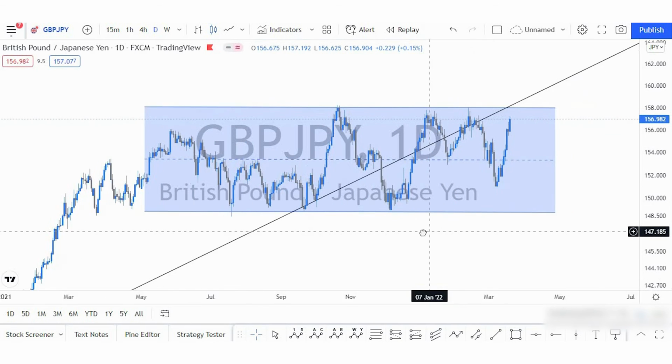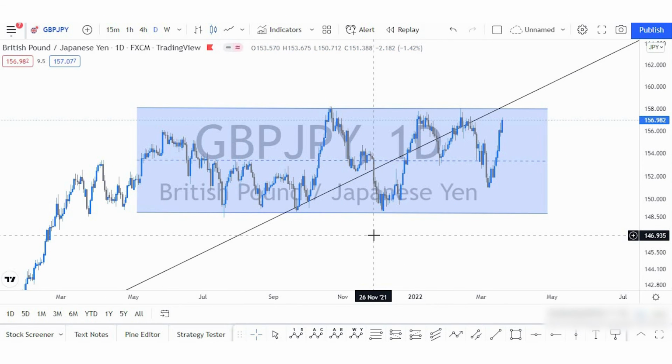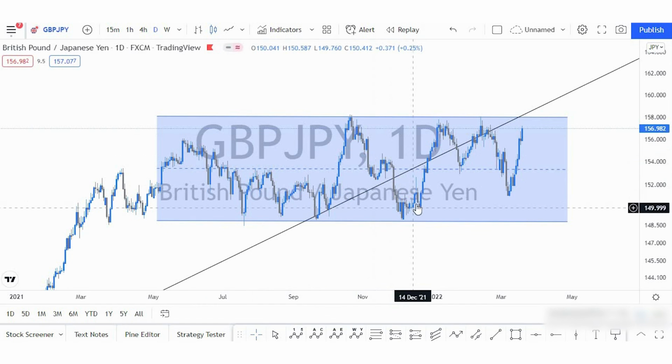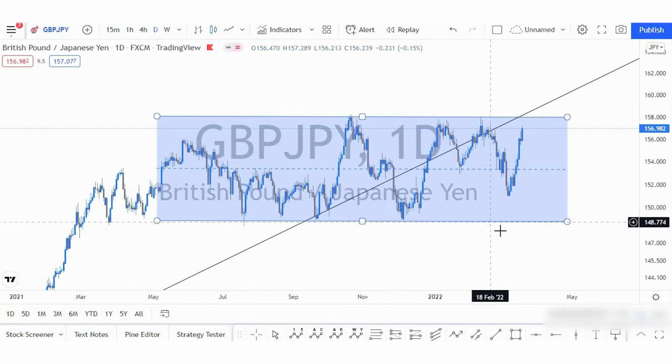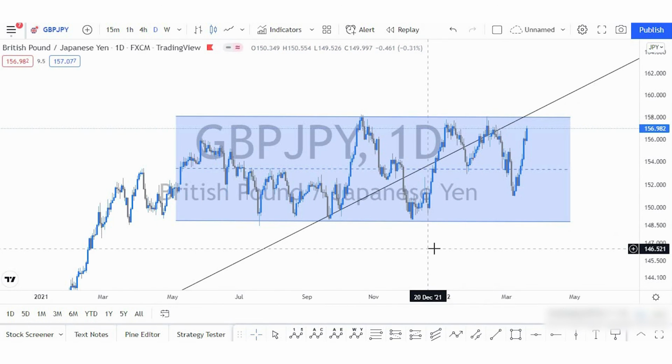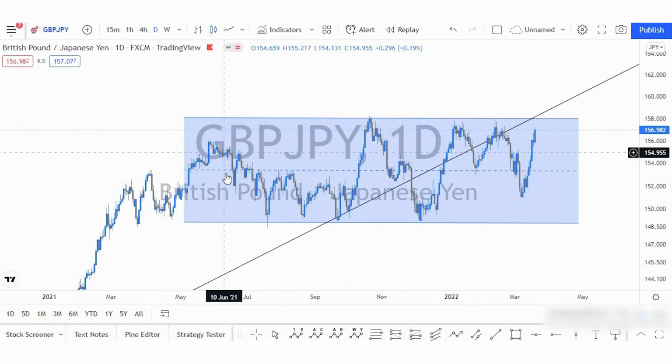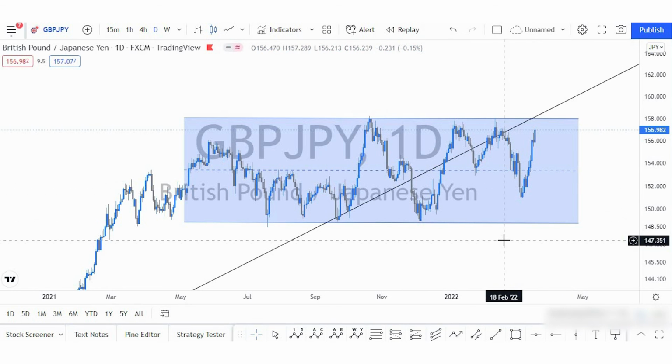Now looking back at the GJ on a daily time frame, we can see that the pair has been ranging in this range for a while. And to be honest, I have not even labeled it properly because I have been struggling understanding what corrective pattern this is.